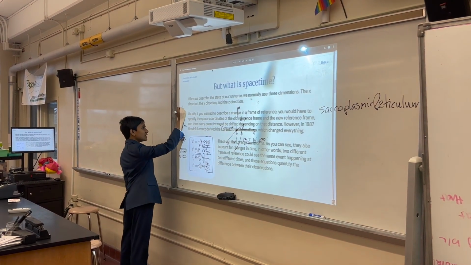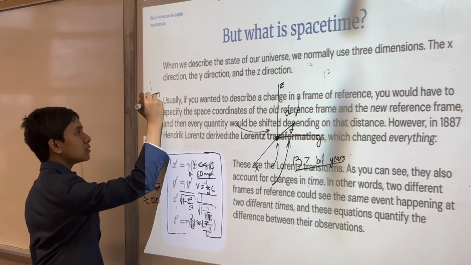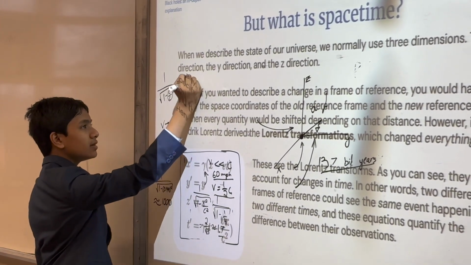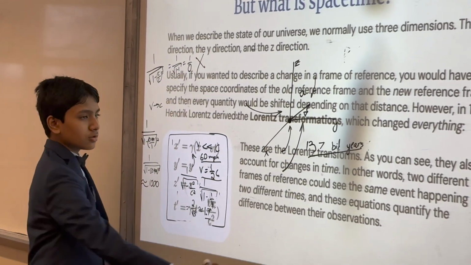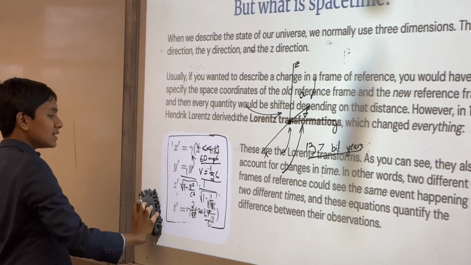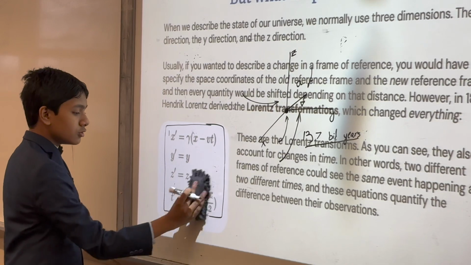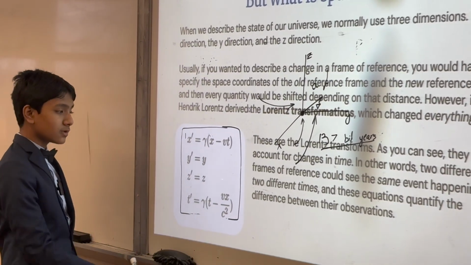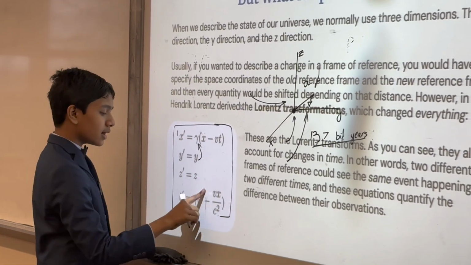And if you just straight up plug in c, you just get 1 over the square root of 1 minus 1, which gives us an indeterminate value. So that means that as you get closer and closer to the speed of light, you gradually mess up the world more and more from your own perspective, especially your perceptions of space and time.